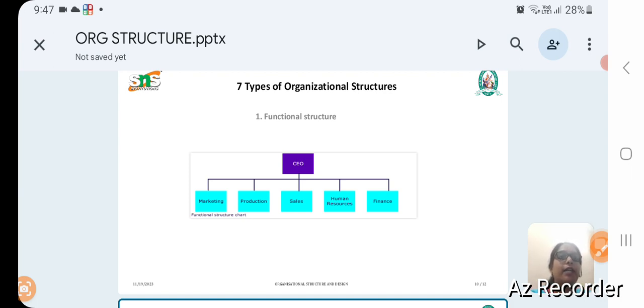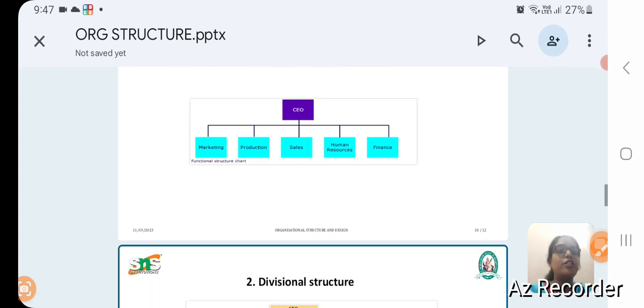These departments have to report to only one authority, that is the CEO. This is a basic structure where they follow a simple hierarchy level. They don't have many hierarchy levels, only one level. Based on the work specialization, they separate this structure, known as functional structure.